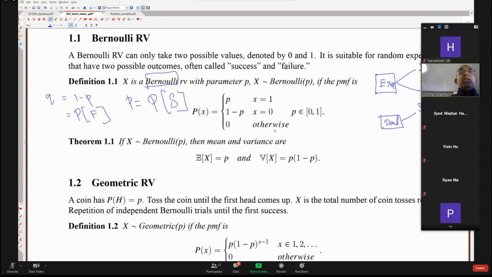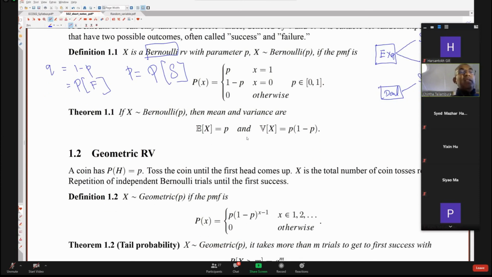I don't have to say much more about this random variable. It's very simple. The probability mass function has only two values, P and Q. We can easily prove that the mean is P and the variance is P times 1 minus P, which is another way of saying it is P times Q.